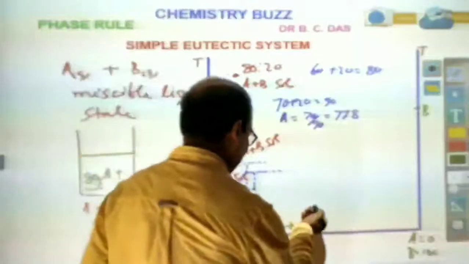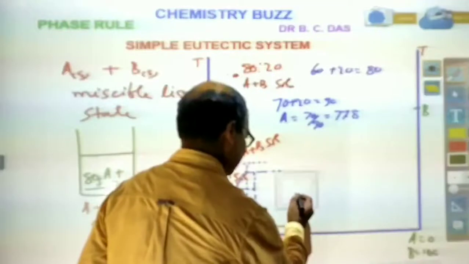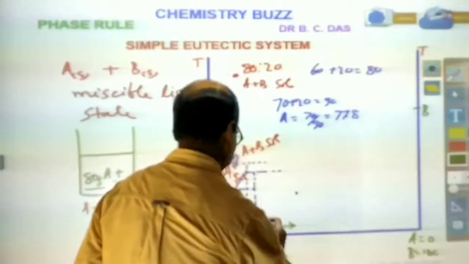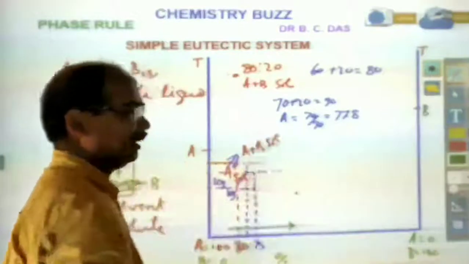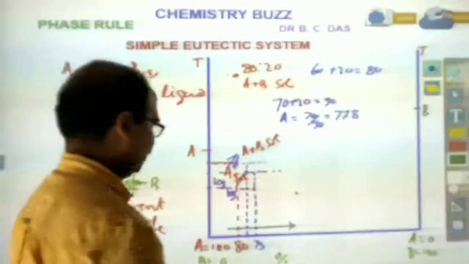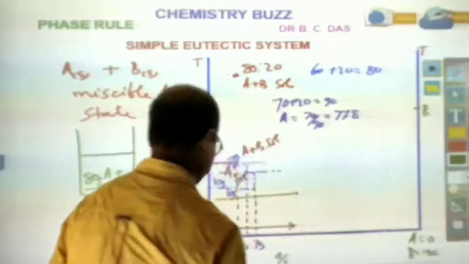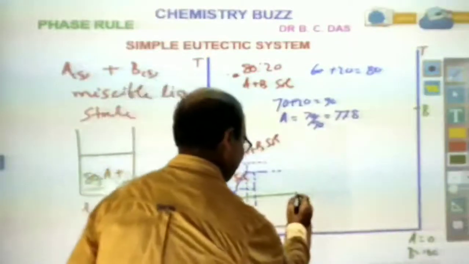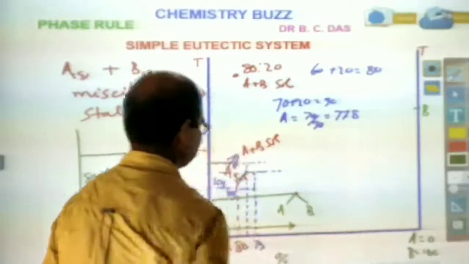So at a particular composition, at a point here, solid A and solid B will start separating. At this temperature, both A and B start separating.